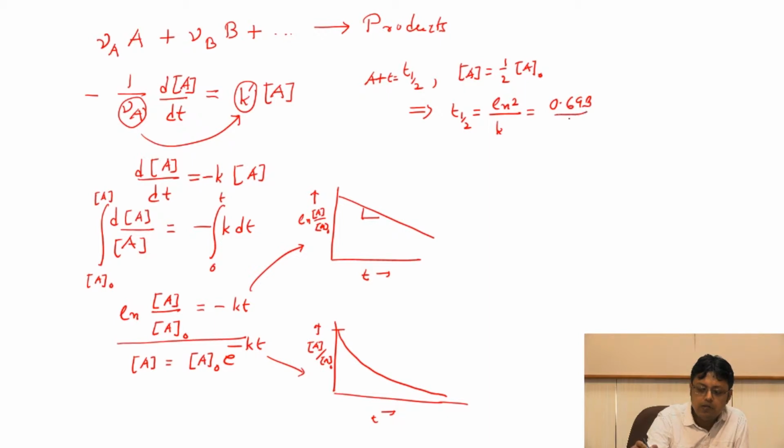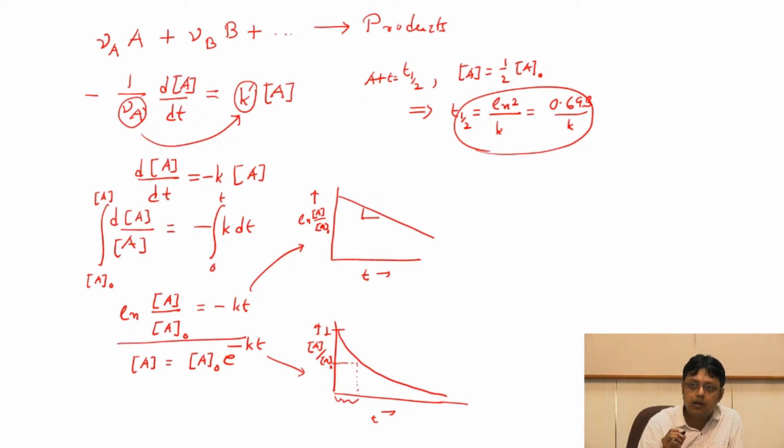So for a first order reaction, the half-life is independent of the initial concentration, which is very important. Suppose this curve starts from 1; at what time does it come to 0.5? This is the time where it comes to 0.5.